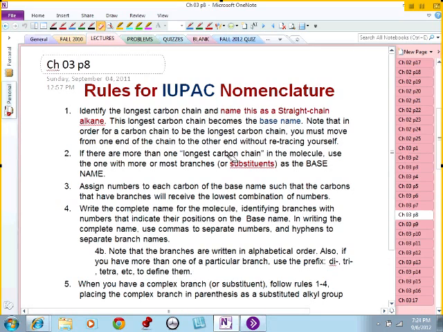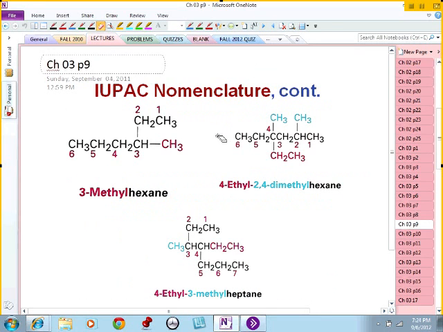In other words, if you count from one end to another, this is 10, you count from one end to another, this is also 10, then to choose between those two, you got to use the one that has the most number of branches. Okay. And so anyway, you could read through all of this. This is in the lecture.